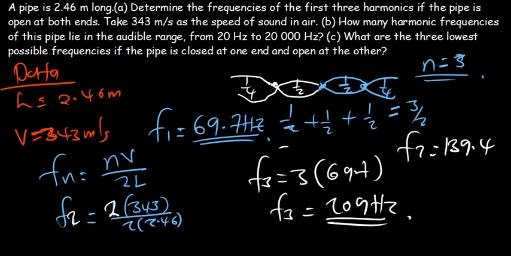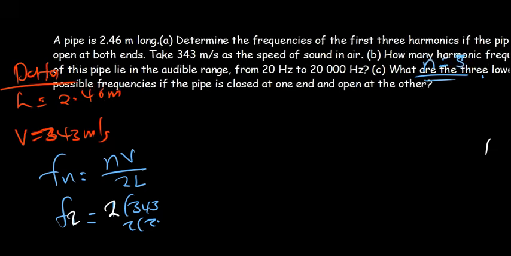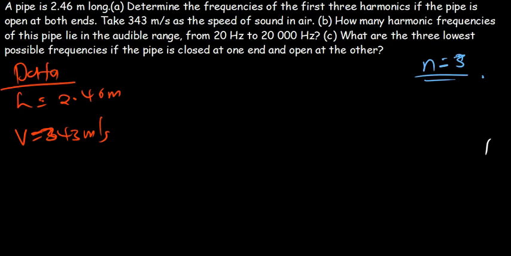Now the next question is asking how many harmonic frequencies of this pipe lie in the audible range from 20 hertz to 20,000 hertz. In short, they want us to find the value of n. So we have Fn equal to n times v divided by 2L.